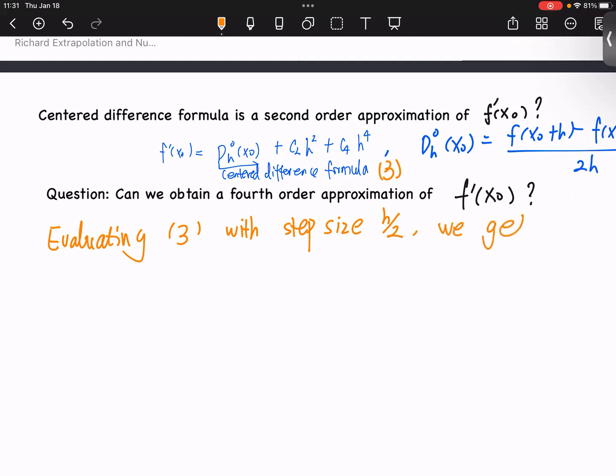This time what I get is still an approximation formula for the first derivative, but here we are using the step size 1/2 h.